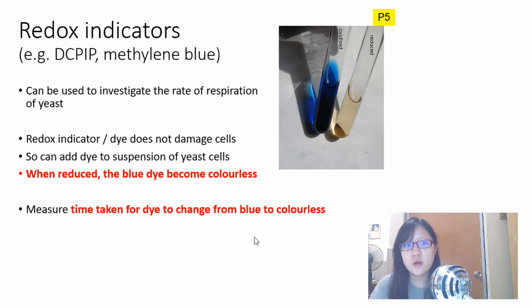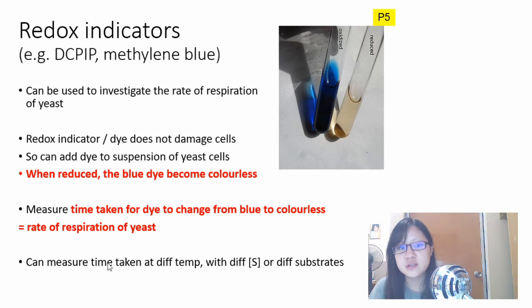So to measure the rate of respiration of yeast, all we need to do is to measure the time taken for the dye to change from blue to colorless. So this is not measuring oxygen or carbon dioxide, it's just measuring the rate of respiration in general. So the time taken for the dye to change from blue to colorless would equal the rate of respiration of yeast.